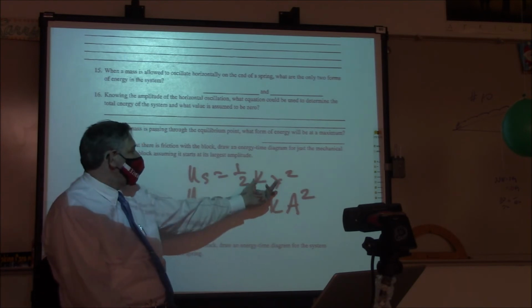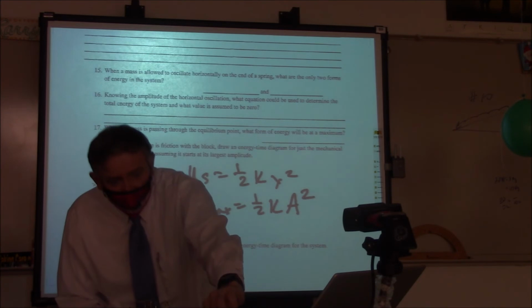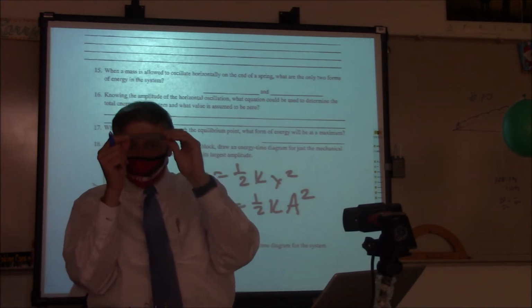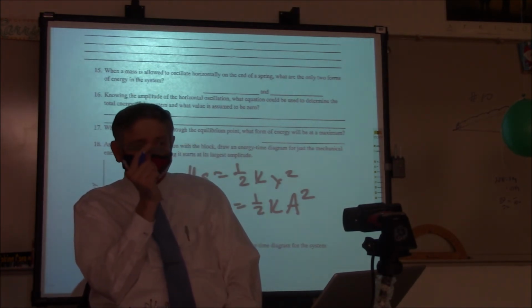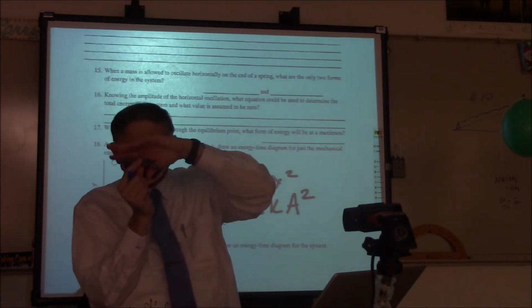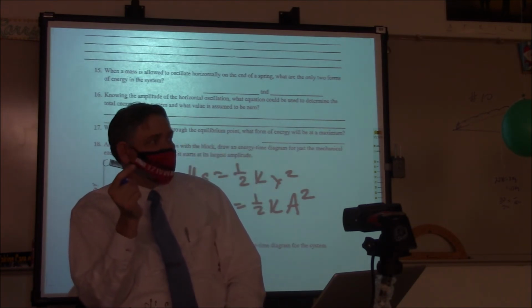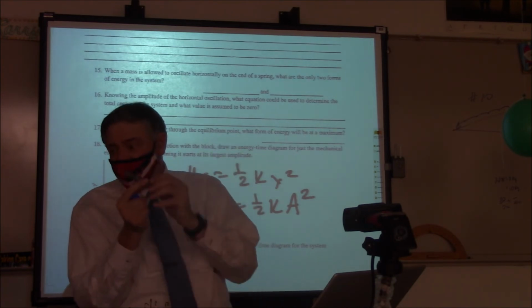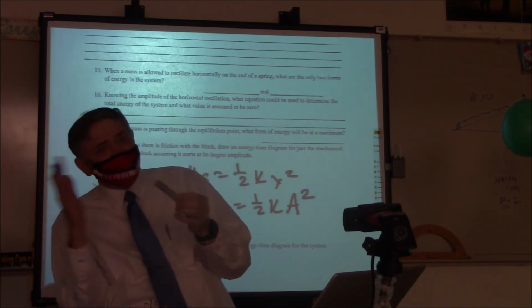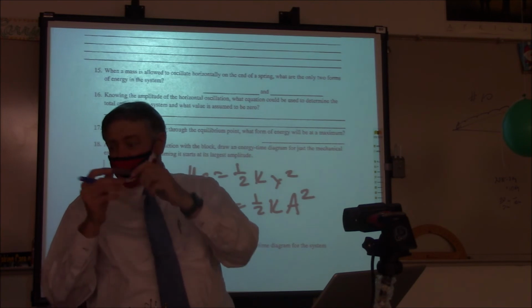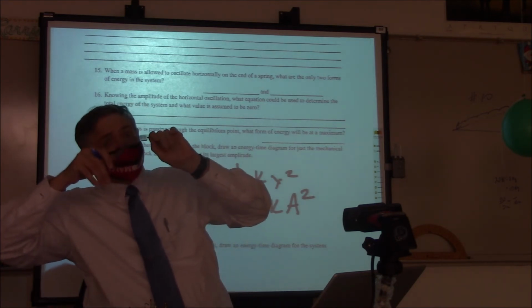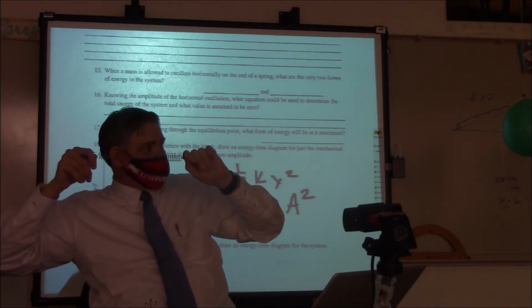Now, when x equals 0, and there's no amplitude at all, there's no distortion at all, how much Us do you have? 0. Guess what? That's when you're going to have maximum kinetic energy. Because on one extreme, this amplitude is out like this.